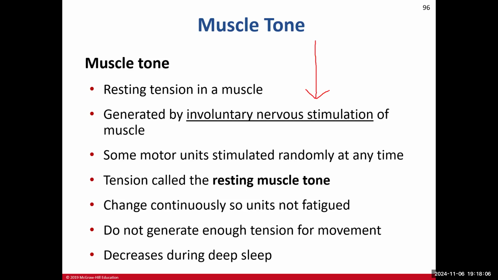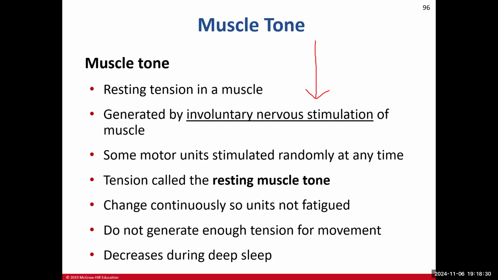Do you think it's the autonomic nervous system or the somatic nervous system? The somatic. Because remember, the somatic nervous system only affects one type of effector, which is skeletal muscle. The autonomic nervous system affects all the other types of effectors: glands, cardiac muscle, and smooth muscle.